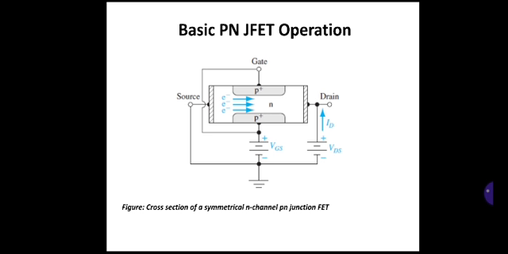The source is the terminal from which the carriers enter the channel from the external circuit. So the source, as the name suggests, is one of the terminals of the JFET from which the carriers are going to enter into the channel from the external circuit.